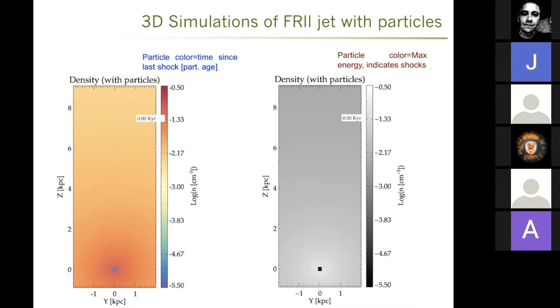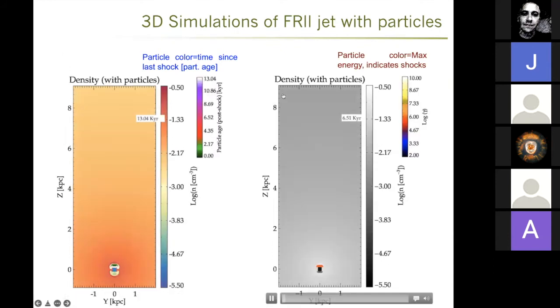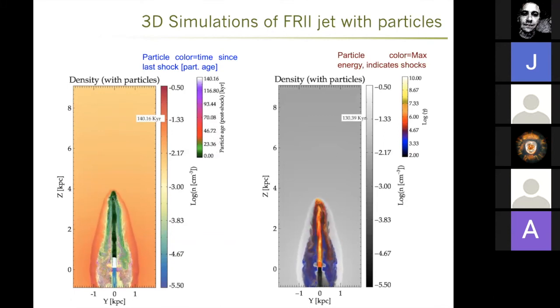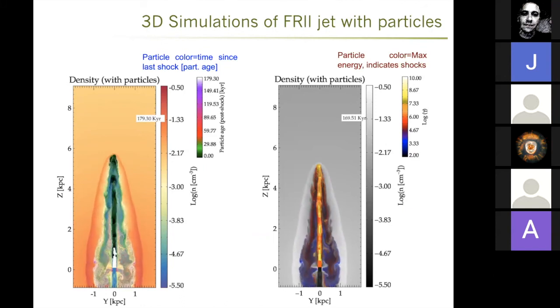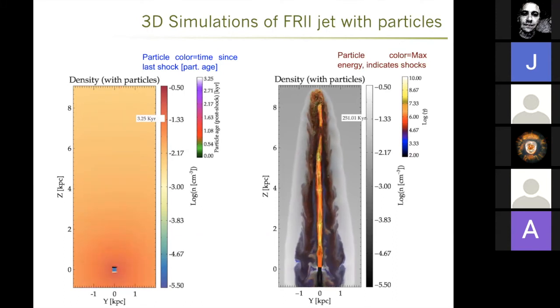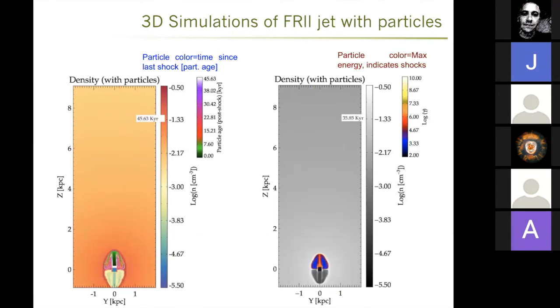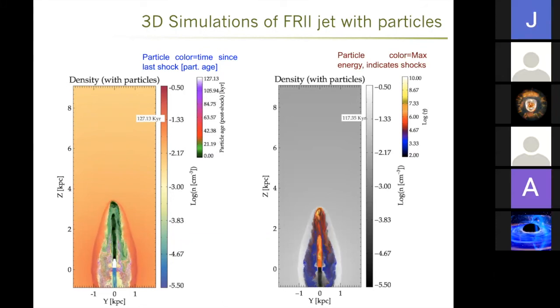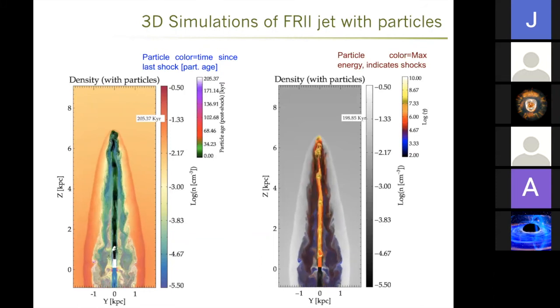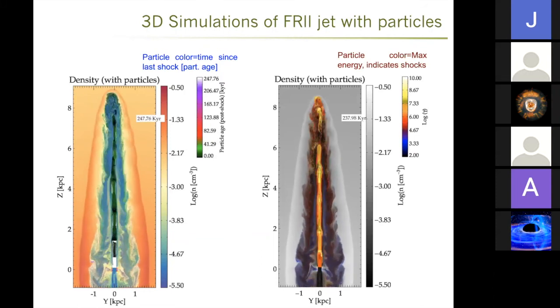This is a movie made by Dipanjan Mukherjee, who was in our group and is still working on these beautiful simulations where you try to capture not just the dynamics of the jet, but also the spectral properties of the jet, because by injecting the particles, you can sample the physical space with electrons, and then you can determine lots, really lots of quantities that can be interconnected with observation.